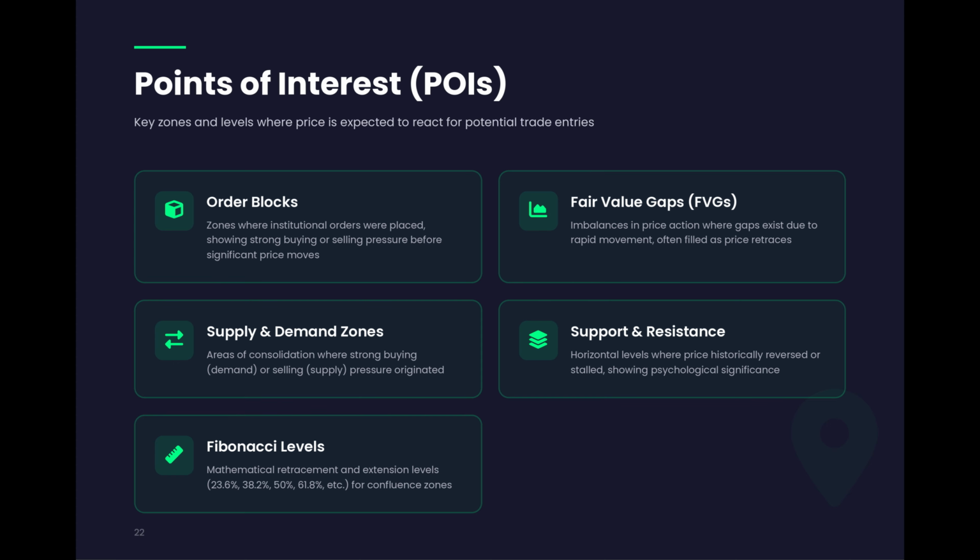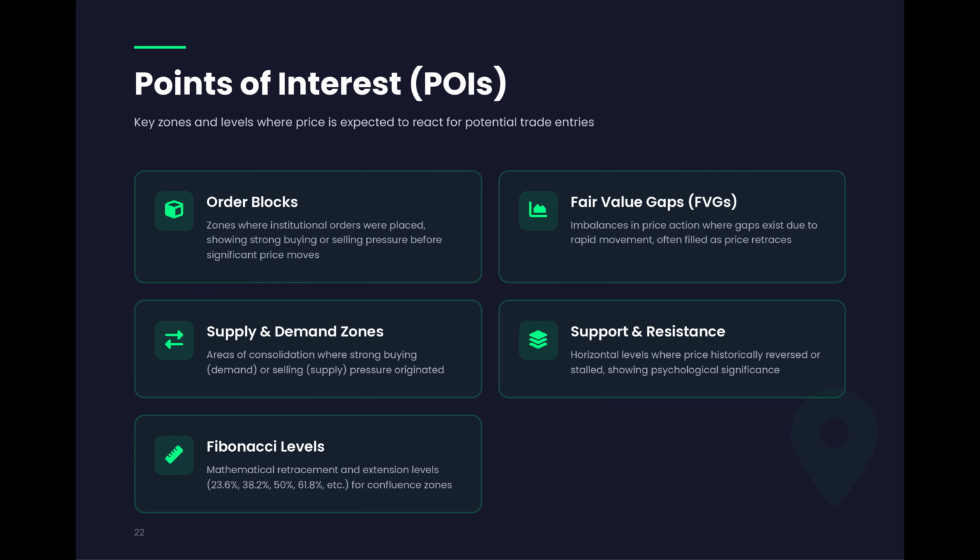The 61.8% retracement, the 1.618 extension, these are common targets. But here's my advice. Use Fibonacci as a confluence tool rather than your primary methodology. When a Fibonacci level aligns with an order block or fair value gap, that's when it becomes particularly powerful.